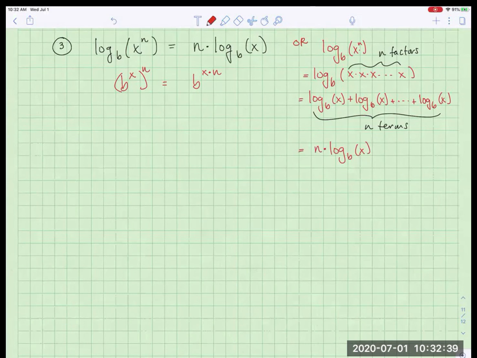So there's another little proof of where rule 3 comes from. So those are our basic logarithmic rules.